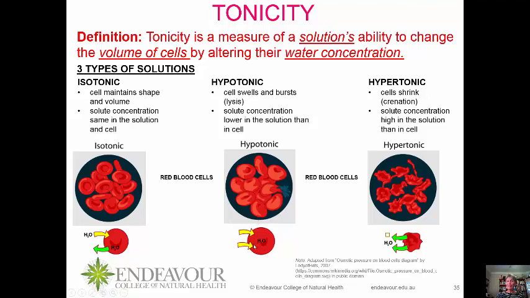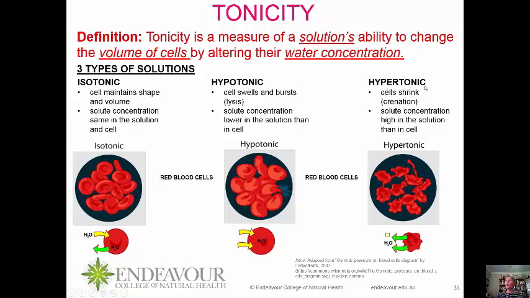If the cell fills with water, it swells, and if it gets too big like a balloon, it will burst. So that's what happens if there's a hypotonic solution around the cells.